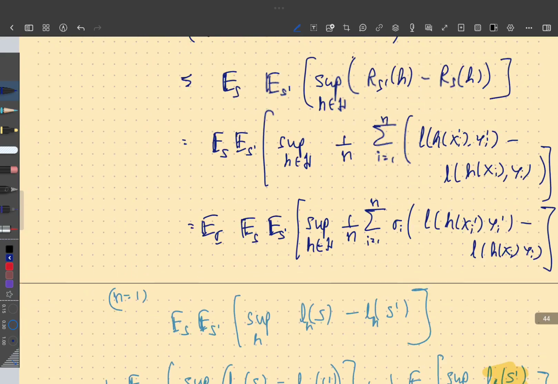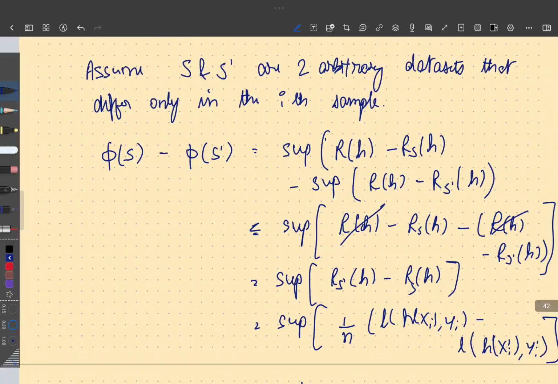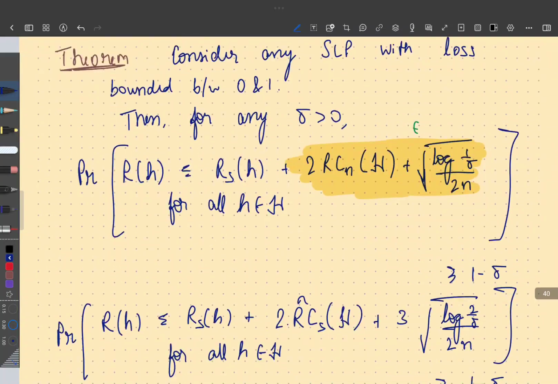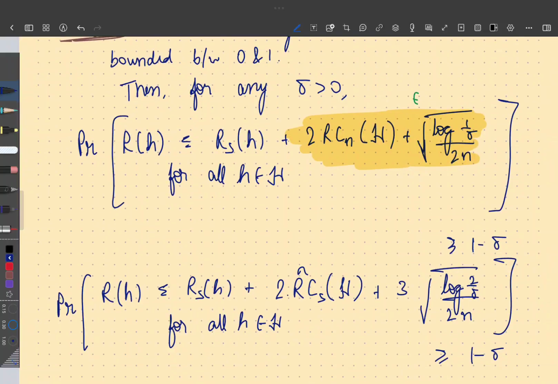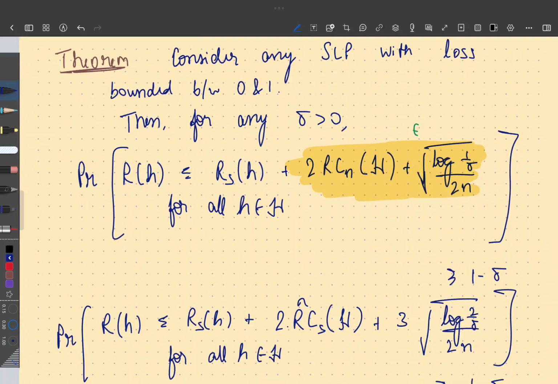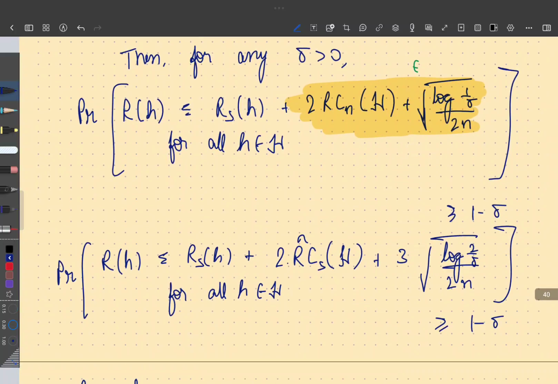We essentially proved this particular theorem, which said that for any learning problem with bounded loss functions, the quality of learning, or your ability to learn, is essentially determined by the Rademacher complexity.